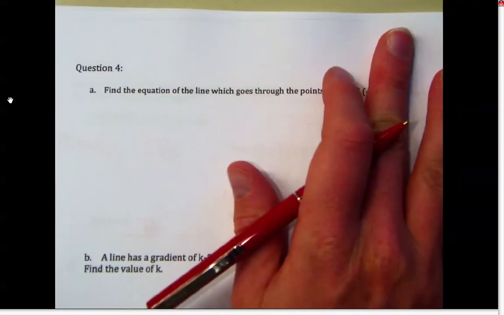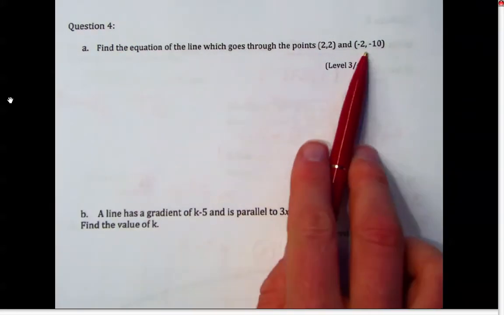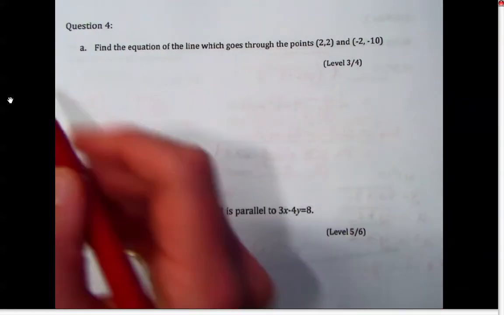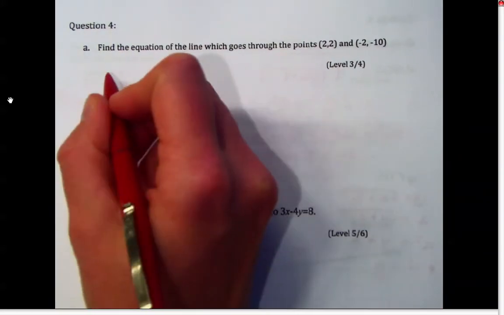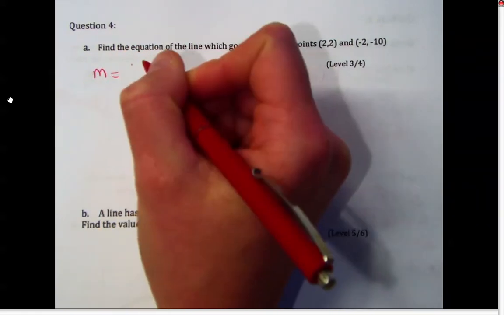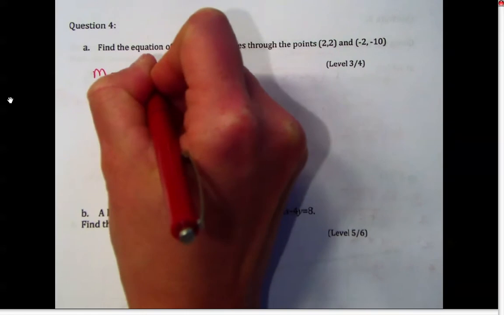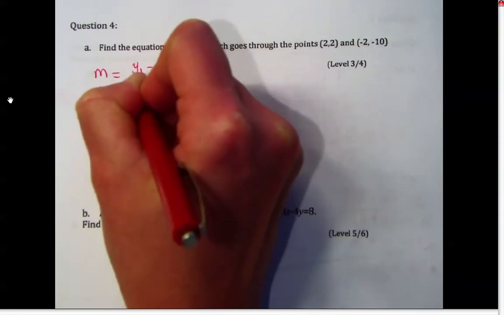Okay, number 4. So we've got 2 points. You can draw them if you want to, but I think it's a little bit of a waste of time. The first thing I'm going to find is a gradient. I'm going to use the formula which says y1 minus y2 over x1 minus x2.